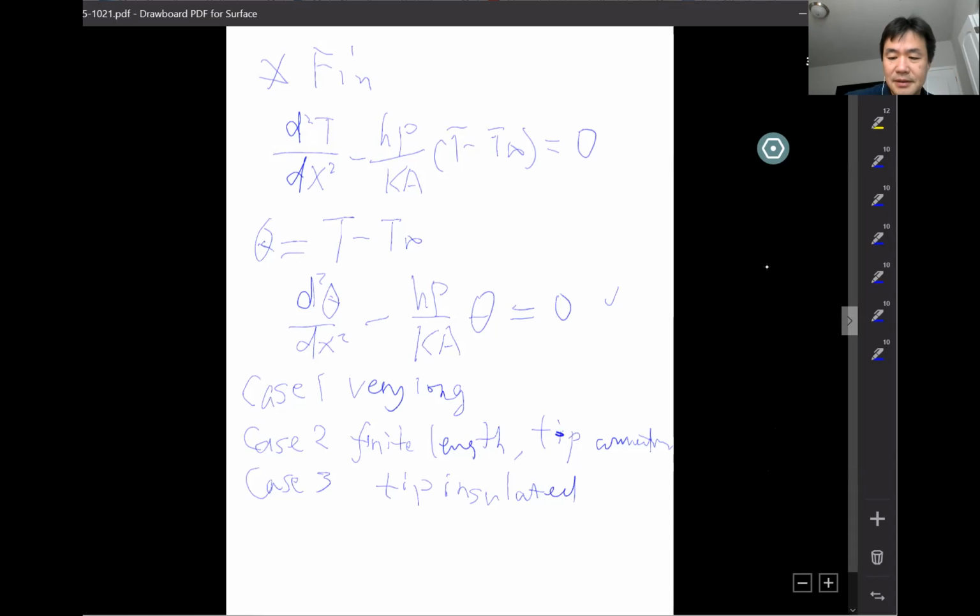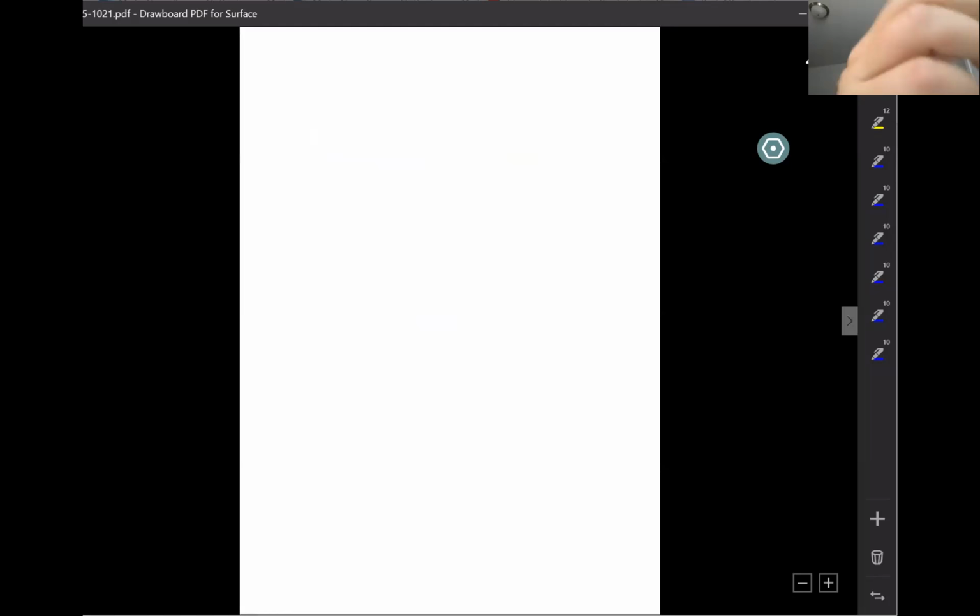Okay, the solutions. Case 1. I'll mention two types of solution here. One is, of course, the temperature, theta. Remember what theta is?